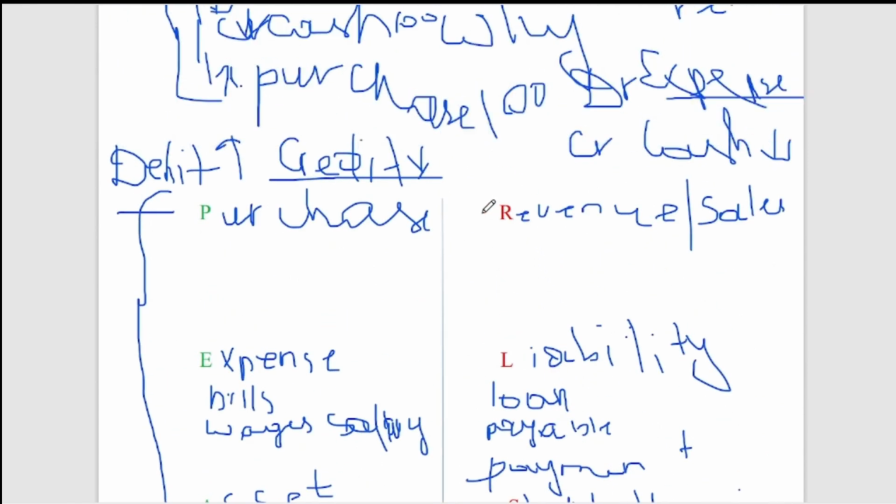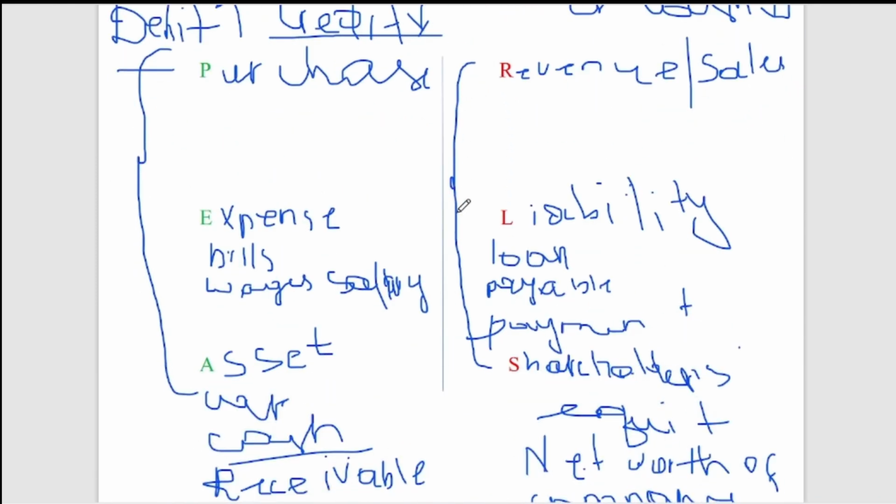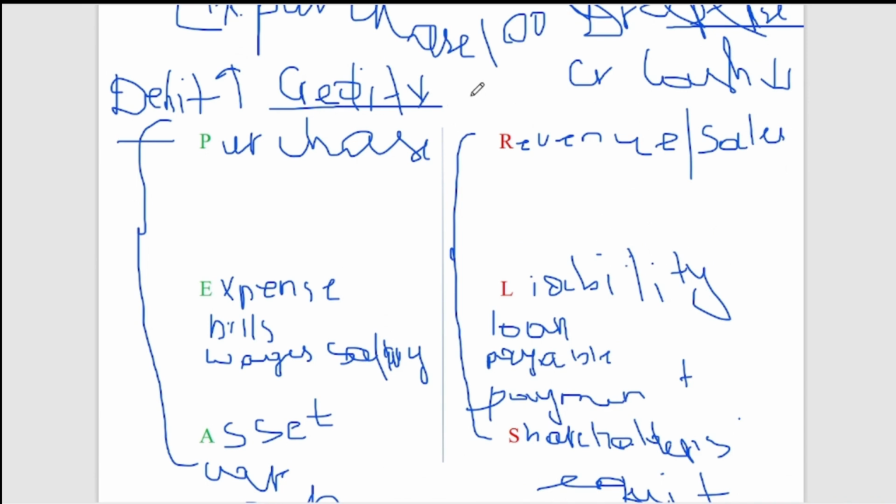Well, components on this side are the vice versa of this side. When there is an increase in these components, you should write it on the credit side. But when there is a decrease in these components, you should write it on the debit side.